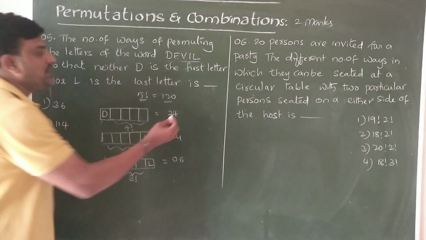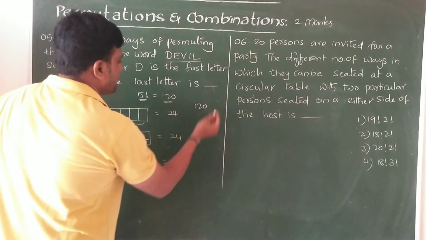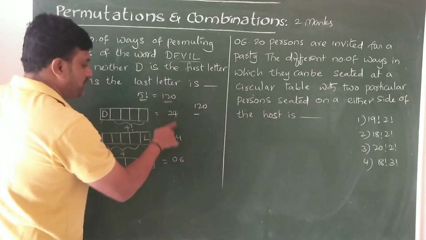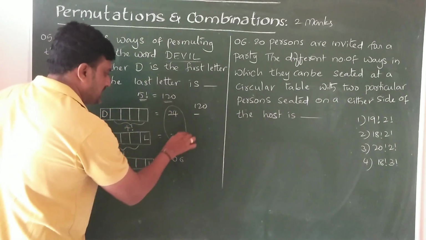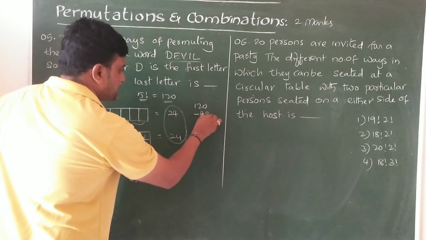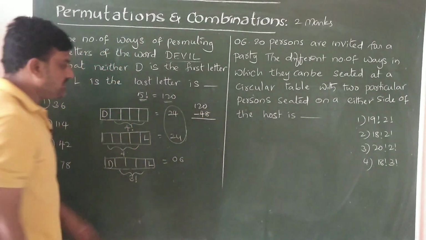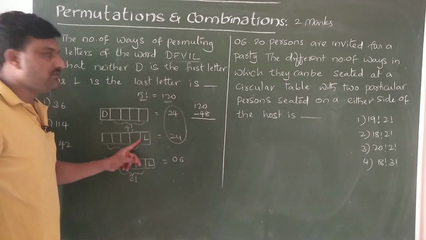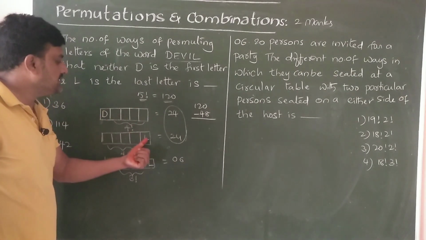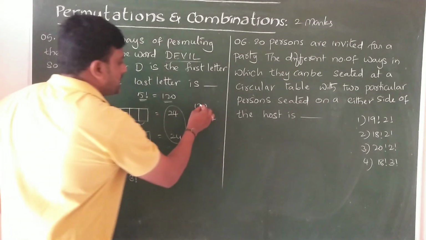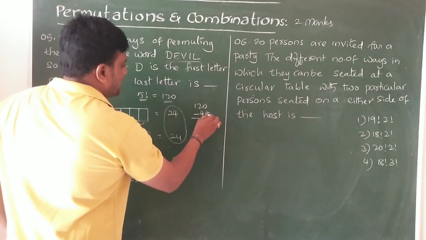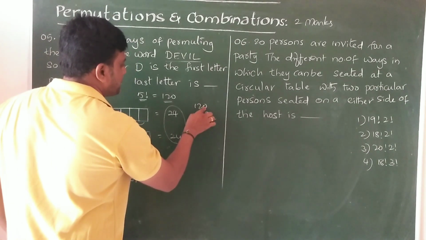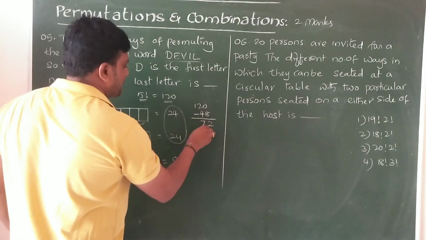So now here we add the 24 and 24, total 48. 24 and 24, 48 words begin with D or end with L.